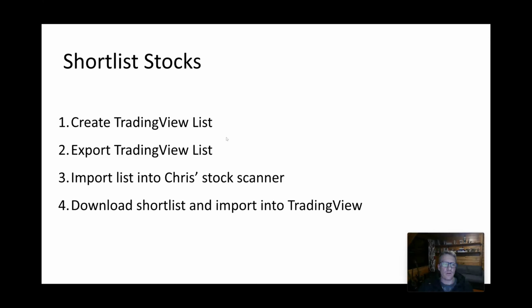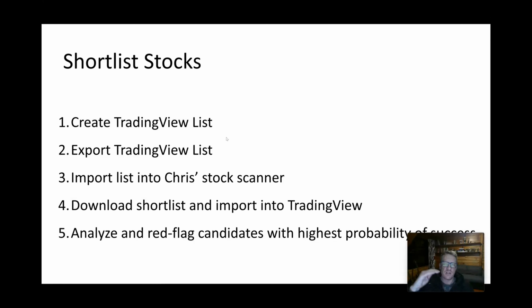It will then produce a short list of all the stocks where the EMAs are stacked in either a bullish or a bearish trend, and I'm going to explain that in a minute. We're then going to download the shortlist and import it back into TradingView as a new list, where we can further analyze and red flag the candidates with the highest probability of success.